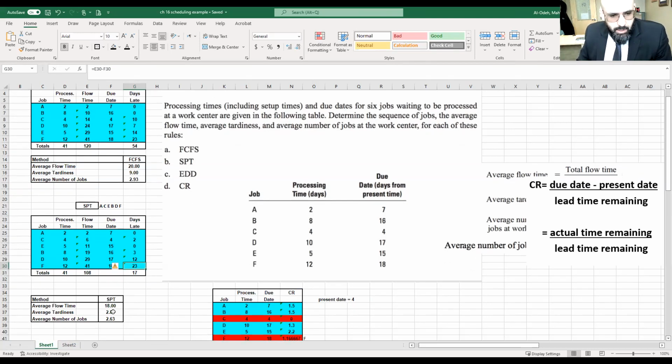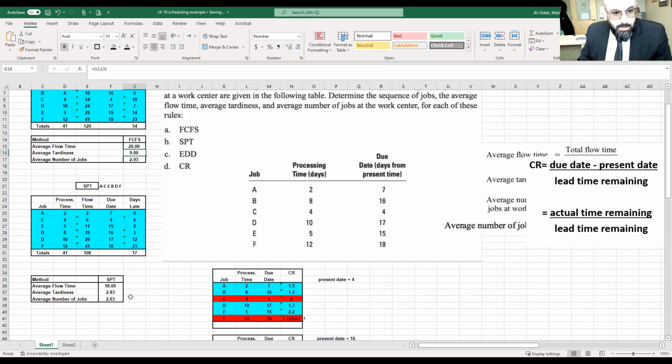And now let's calculate these parameters. We found the average flow time would be 108 divided by 6, which is 18. Again, look at this. This is shorter than the first come, first serve. Average tardiness would be 2.83. So still also way less than the first come, first serve.